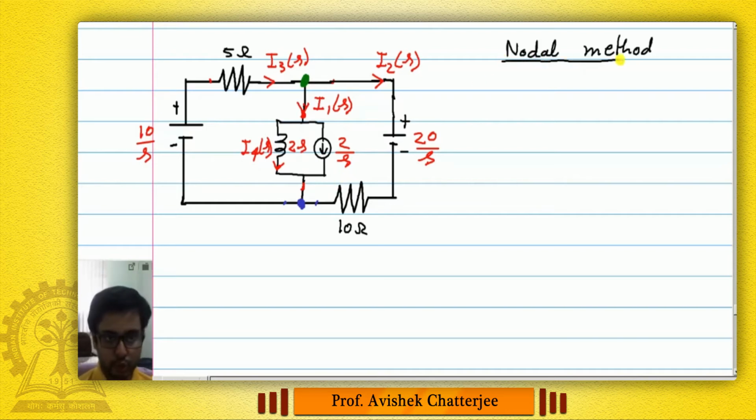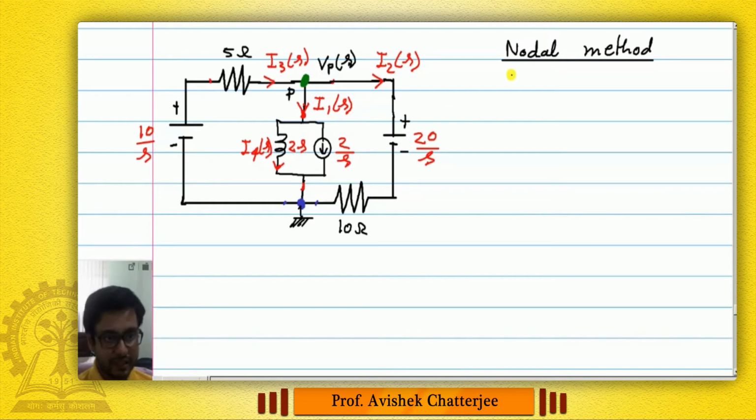Maybe I can use nodal analysis here. Let me choose this as the reference point, 0 potential, and let me call this node P, and the voltage here is VPS, unknown of course. So VPS is the unilateral Laplace transform of the unknown potential at this point.